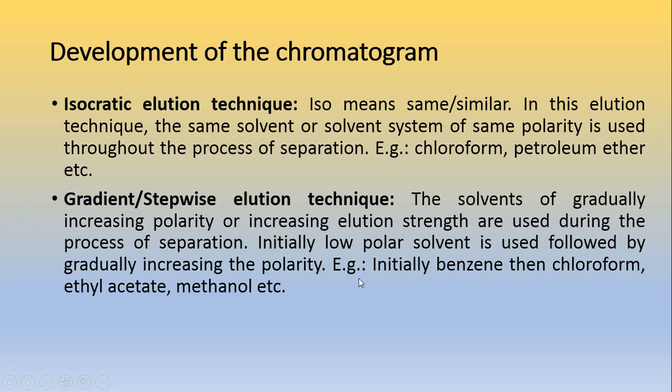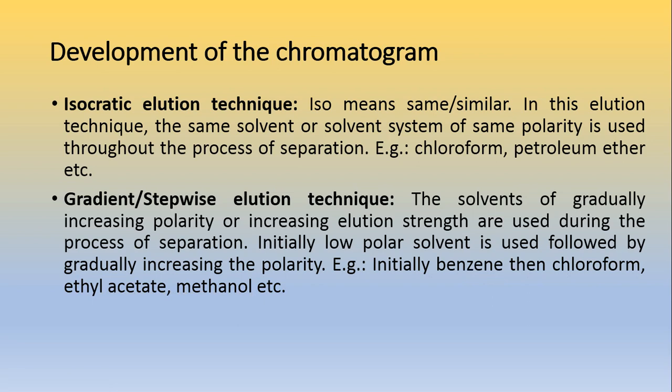For example, initially benzene, then chloroform, ethyl acetate, methanol, etc. Means first we start our experiment using benzene as mobile phase, then we change this mobile phase to chloroform, then this chloroform is replaced by ethyl acetate, then this is replaced by methanol. So it is a stepwise technique where we can see that benzene to chloroform to ethyl acetate to methanol, the polarity is increasing.